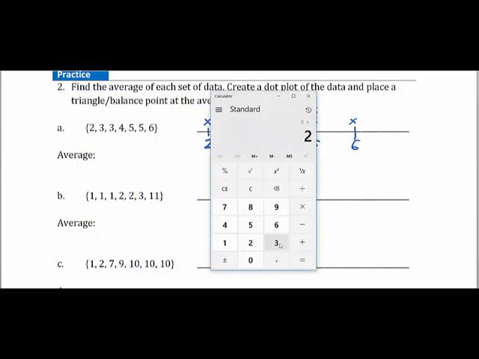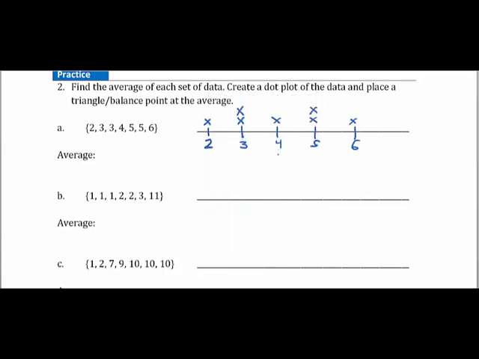So 2 plus 3 plus 3 plus 4 plus 5 plus 5 plus 6, and you get a total of 28. And then you go 1, 2, 3, 4, 5, 6, 7 data points. 28 divided by 7 gives me the answer of 4. So the average, much like the balancing point that we assumed, was going to be 4 right here. And we can make a little triangle to show that that is where our balancing point is.